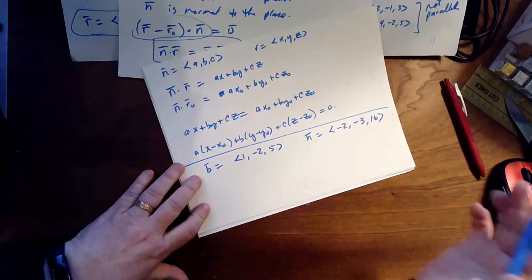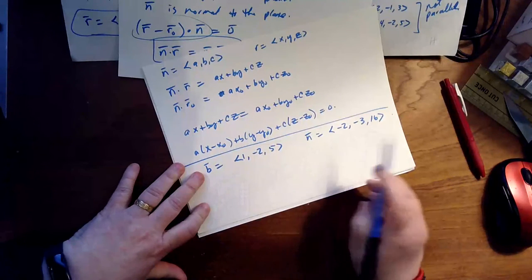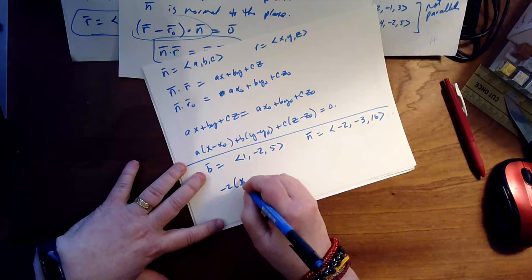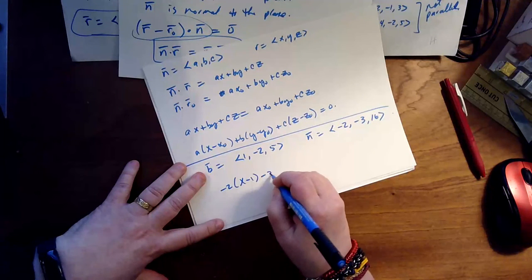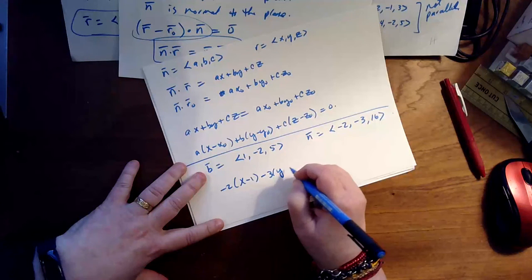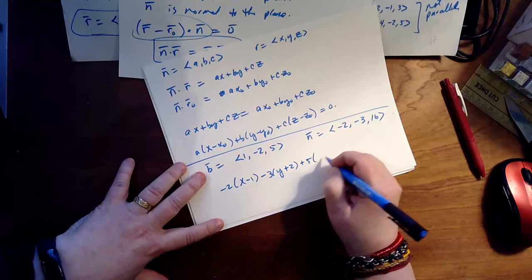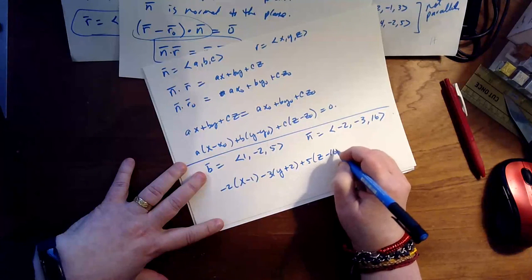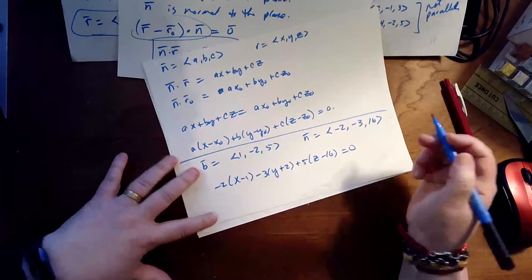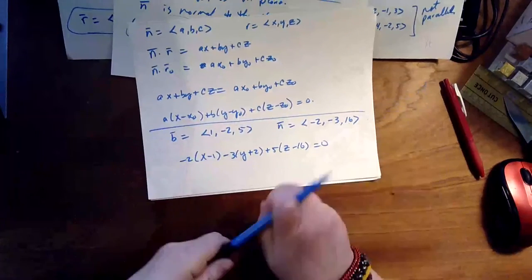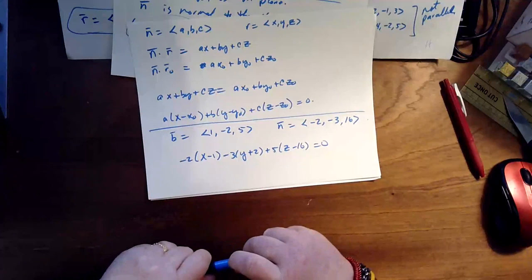The equation for the plane containing that point with that normal would be -2 times (x minus 1) minus 3 times (y minus -2) plus 16 times (z minus 5) equals 0. And that's the equation for a plane in R3. And I think that might be a good place to stop.